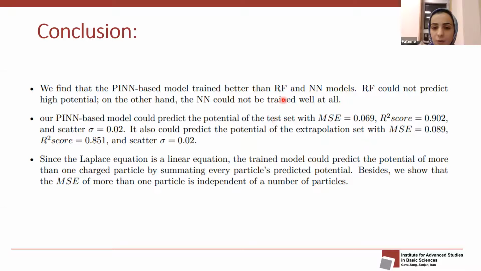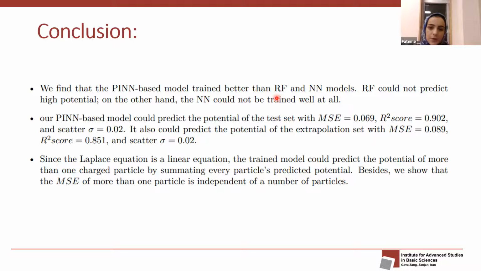Okay, your question is how the random forest was trained on this training set? Yeah, what parameters did you choose for the random forest? The input of the random forest is exactly the input of our PINN-based model, and the output was that.